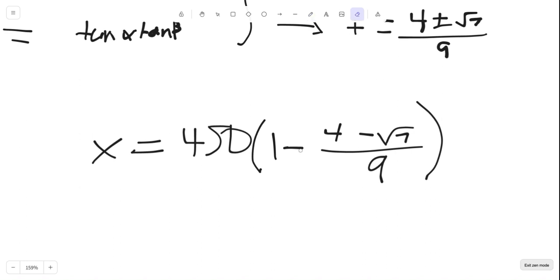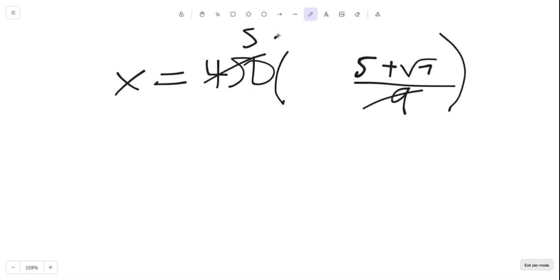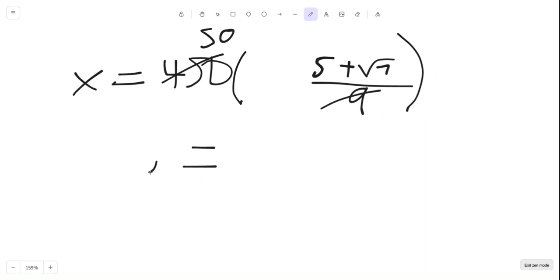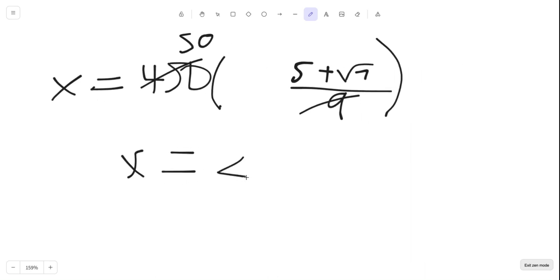If you subtract this from 9, we get 5 plus root 7 over 9. The 9 cancels out with the 450. This gives us x equal to 250 plus 50 root 7.